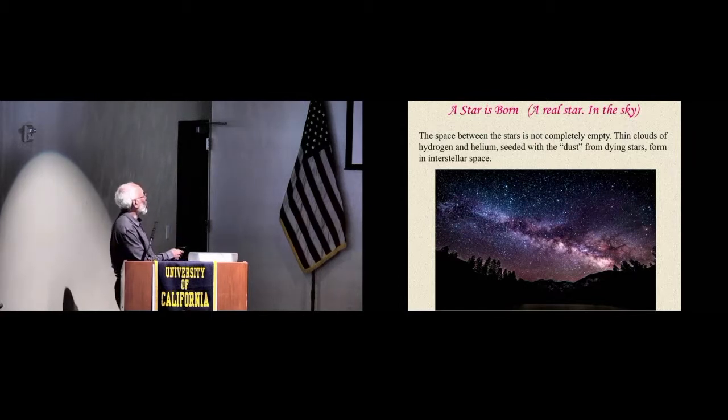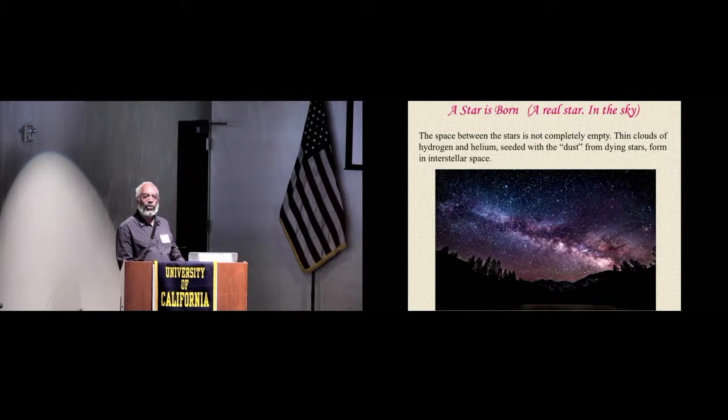This is a picture of the Milky Way at night, seen from the Earth. And if you get a good view of the Milky Way in the summer in a dark place, you'll notice that it's a band of light, but it's got all these dark lanes in it. And that is what we call in astronomy dust. It's really more like cigarette smoke.